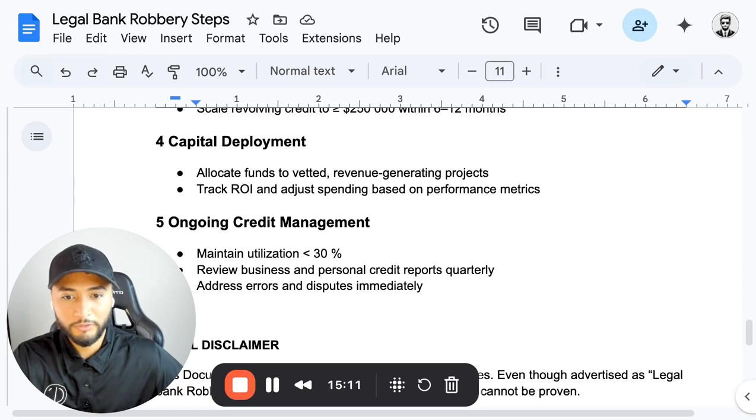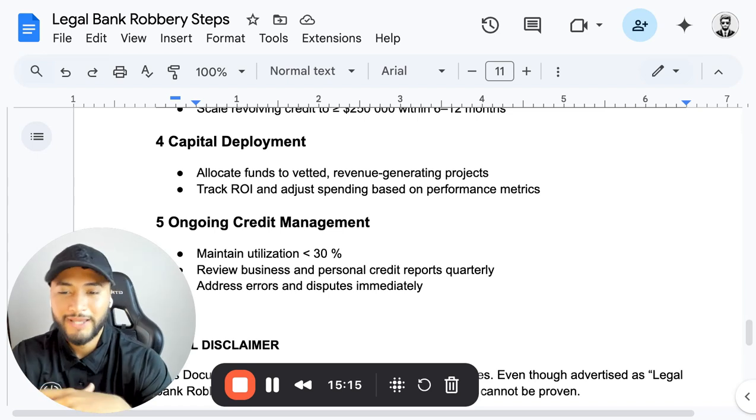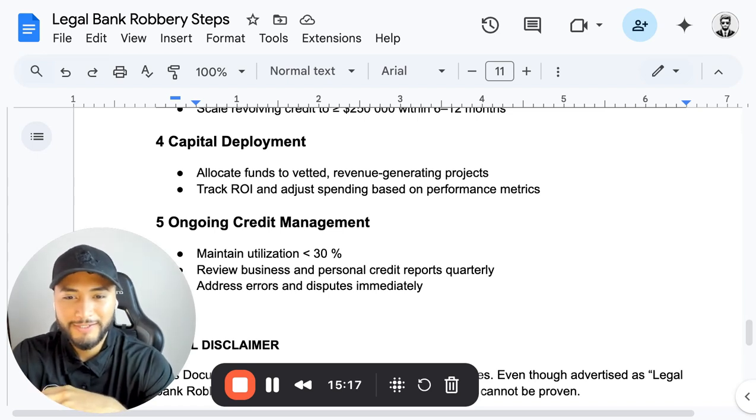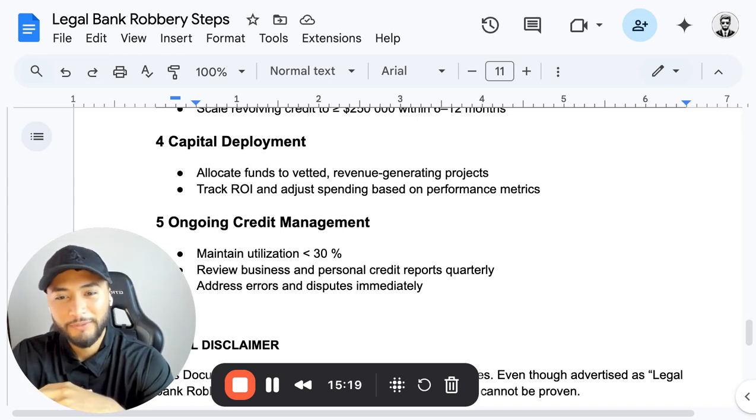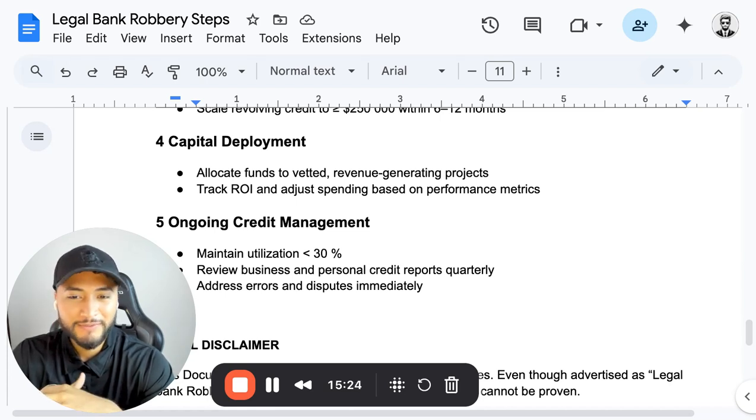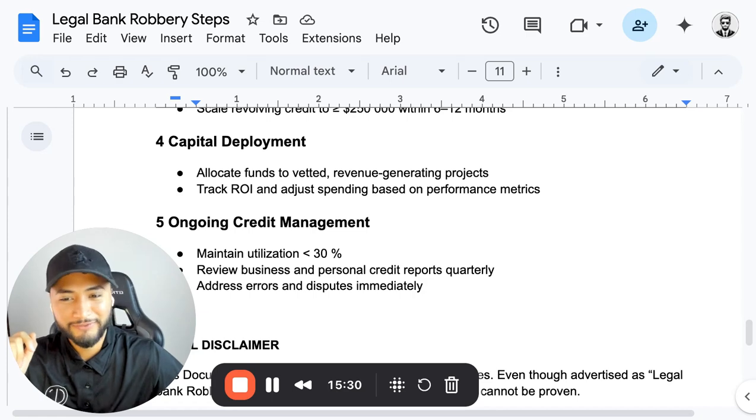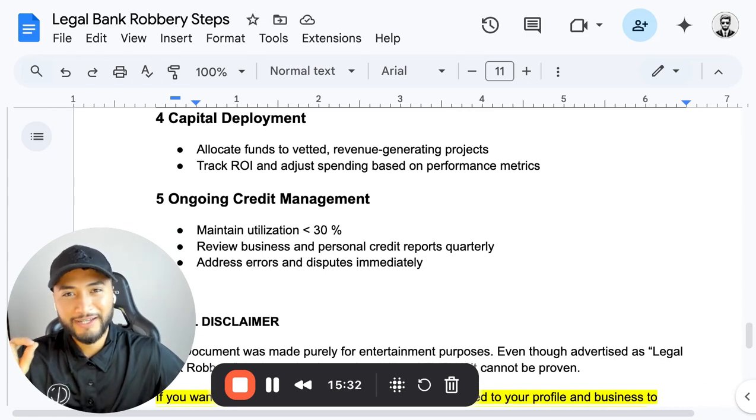And for the capital deployment, just make sure you know what you're doing. For example, one problem that I have with this is that oftentimes people get money and they don't know what they're doing. I mean, that's the case for most people, really. But I remember one time I got this guy funded, and the first thing I saw was he was out on a trip.